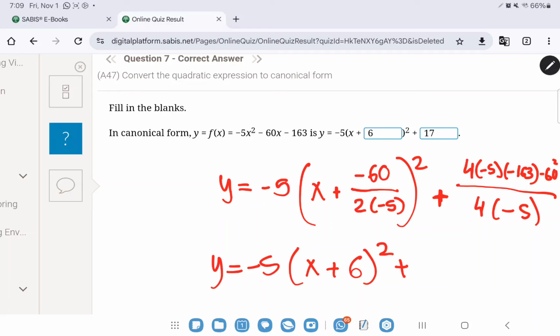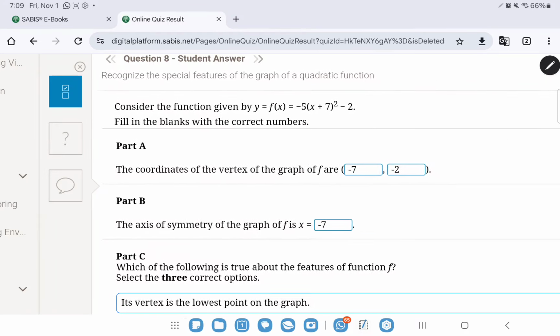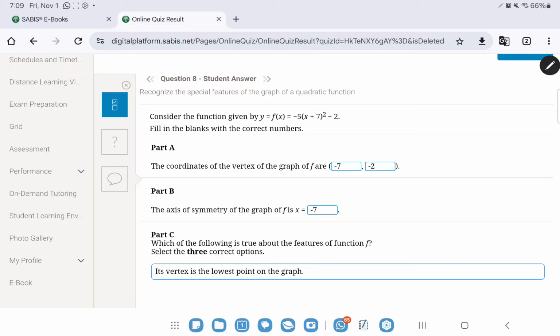So 3 squared, and yeah, you get plus 17. And this is your final answer. So yeah, that's how you solve it. This is just one equation, memorize it, and you have the whole exam sorted. It's all gonna be the same thing.